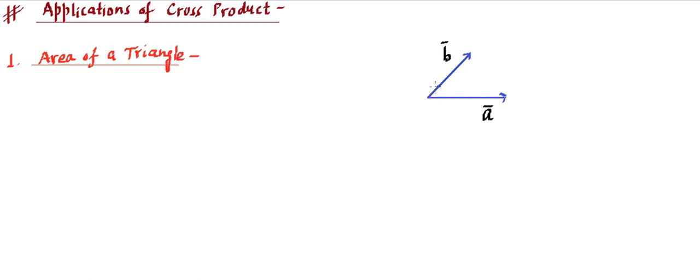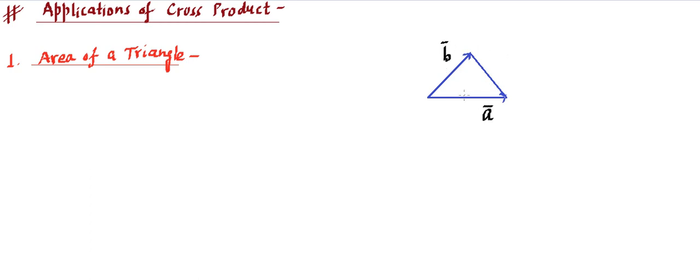Now this is not a triangle, but it can almost be made a triangle. For that, we need to do one simple thing: join the head of B with the head of A. So to construct this triangle, we need two vectors A and B such that their tails are joined, then we construct a line joining the two heads, and that will become a triangle.